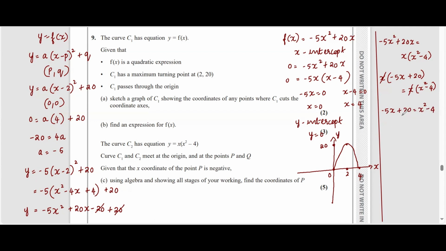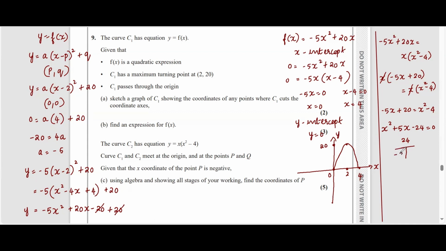Let's make this a quadratic equation by bringing all the terms to the right-hand side. So x square minus 5x goes to the other side, positive 5x. And then minus 4 minus 20 will give you minus 24 is equal to 0. We need two numbers such that when we multiply them, we get minus 24, and when we add them, we get 5.